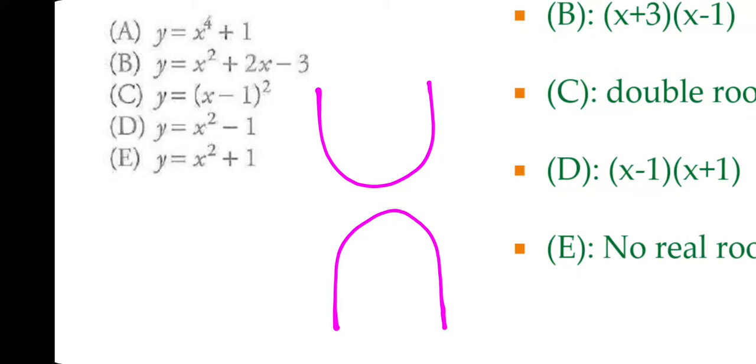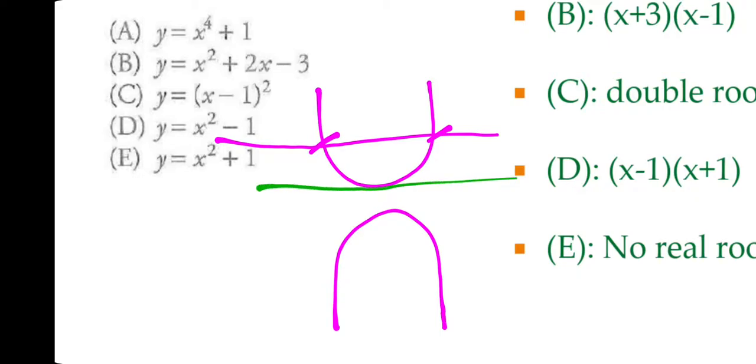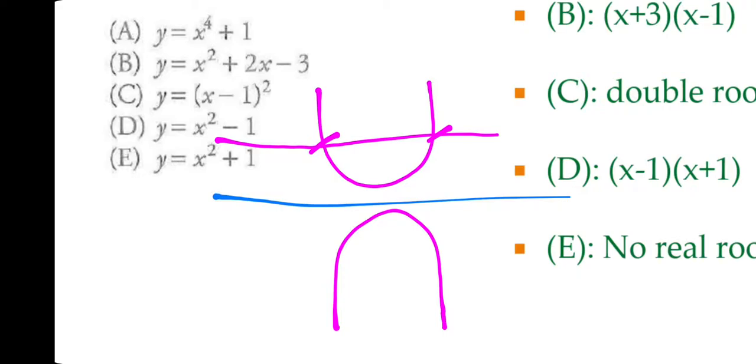Now, if they intersect the x-axis at 2 points, then they have 2 roots. If they are tangent to the x-axis, then they have 1 double root. If they do not intersect the x-axis, then they have no roots.